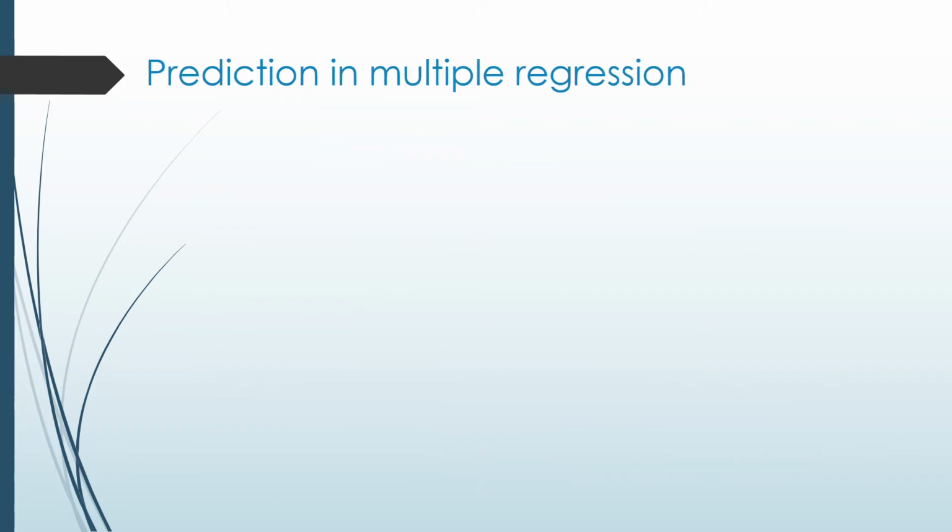So next, let's look at how you might predict a score on a dependent variable in multiple regression. Like we saw in simple regression, we had a y hat, which is our predicted value on our dependent variable. Then we had this a, which was our intercept, the y-intercept. Then we had the unstandardized regression coefficient b. Now, since we have multiple independent variables, we give each one of those a subscript.